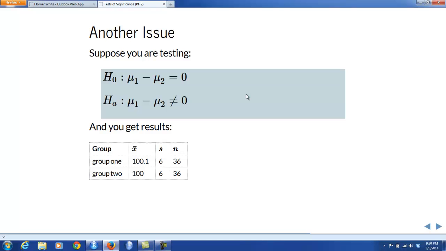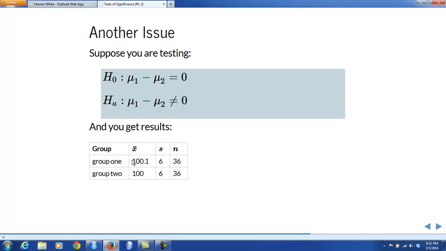Here's another consideration. We have to work our way up gradually to it, though. So let's take another example. Suppose you are interested in the difference of two population means, mu1 minus mu2, and you're testing whether or not that difference is 0 or different from 0. So a two-sided test.